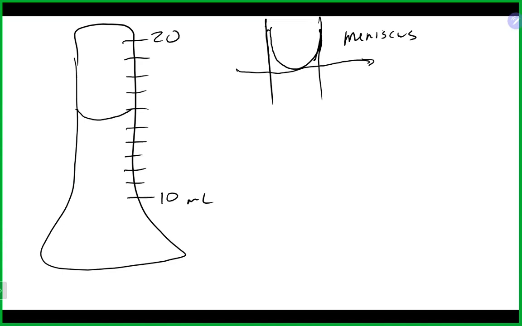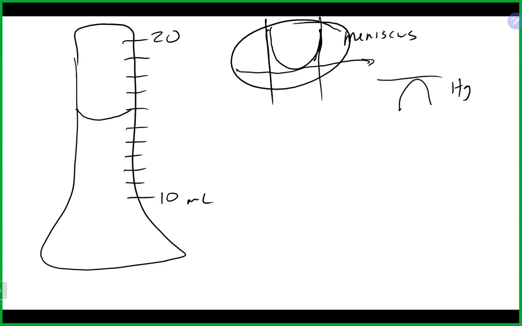In old mercury thermometers, you would see mercury's meniscus go the other way. In that case, you read from the top of the meniscus, because that's really where the liquid is. It's coming in on itself because it's more attracted to itself than the container. So 99 times out of 100, your meniscus is going to look like that U shape.